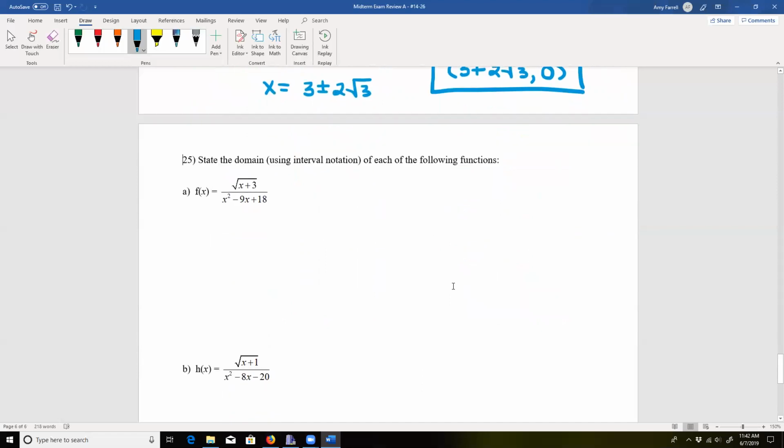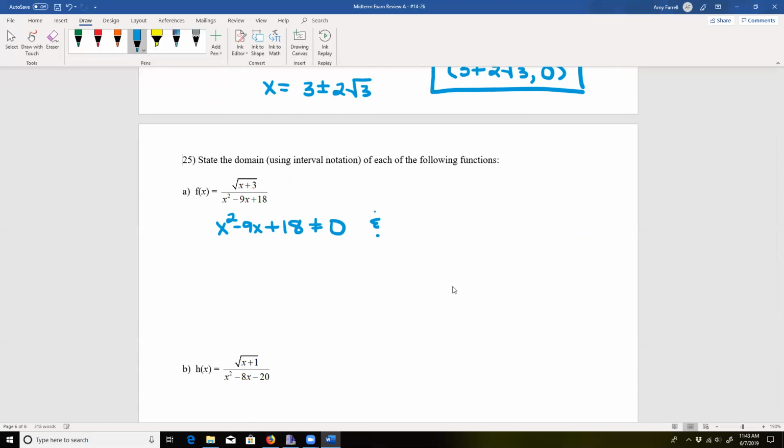Okay, domain. So A and B are pretty similar for this problem, but a little different as well. With domain, each of these is going to have 2 restrictions. We can't divide by 0, so we're going to make sure that the denominator does not equal 0.